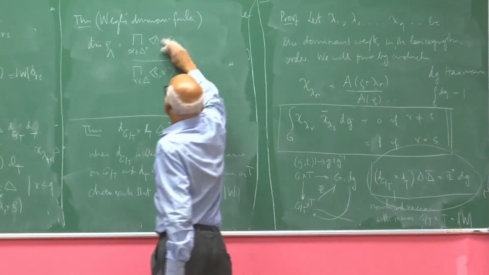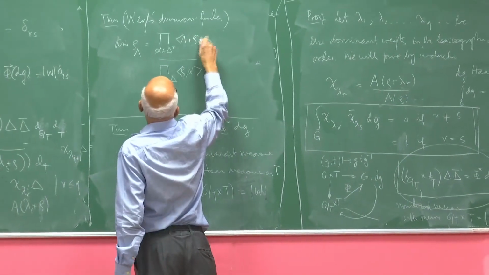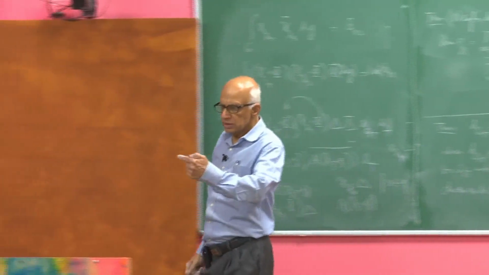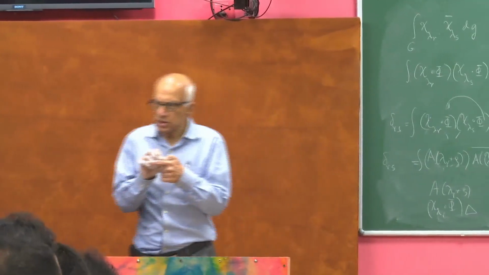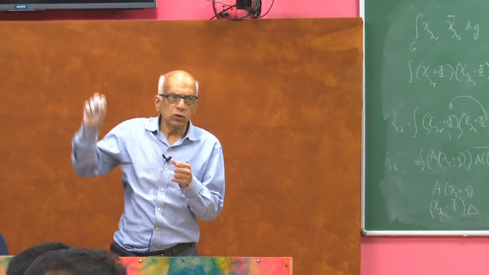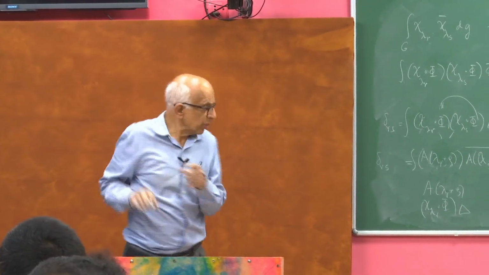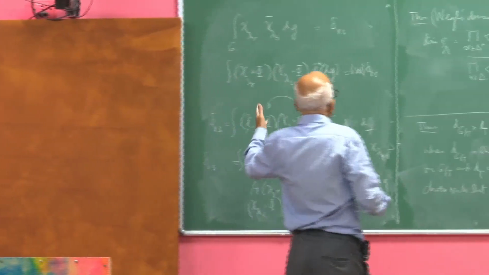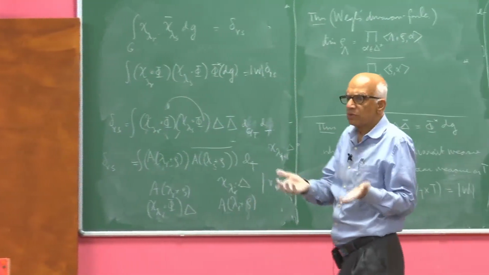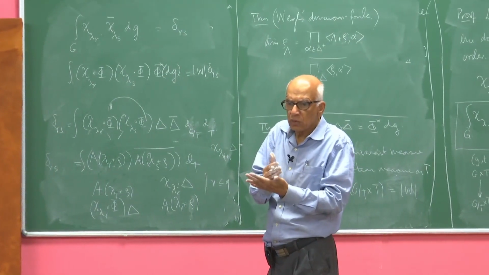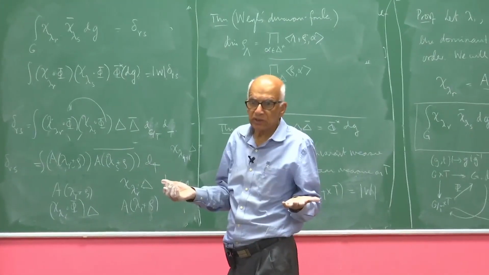Each alpha determines a singular torus, the kernel of alpha. The point is, if you know the character, you know the dimension by evaluating it on the identity element. Chi rho of the identity element is obviously the dimension.